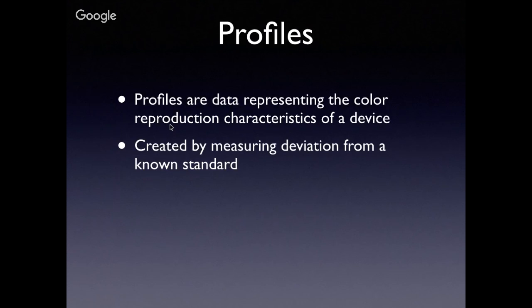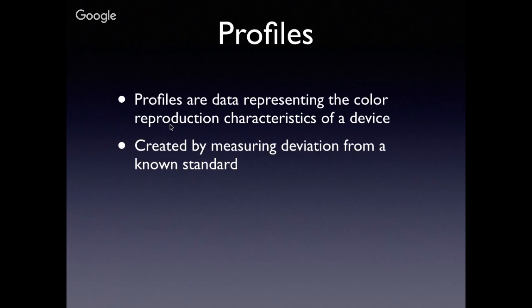The monitor is asked for pure red, which is R255, 0 green, 0 blue. The software says, here's pure red, measure it. The puck, the hardware sitting on my monitor, measures it and comes back and says, well, it's not really R255, it's actually R245, 0 green, 0 blue.